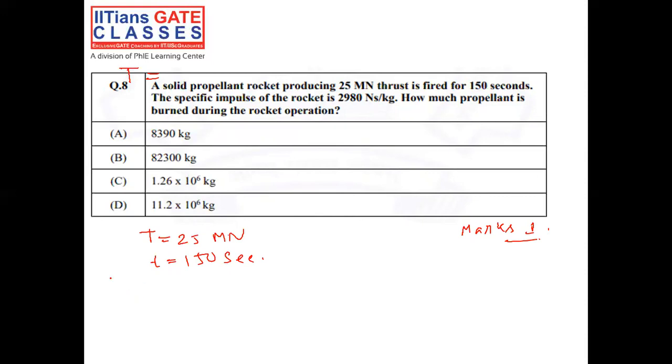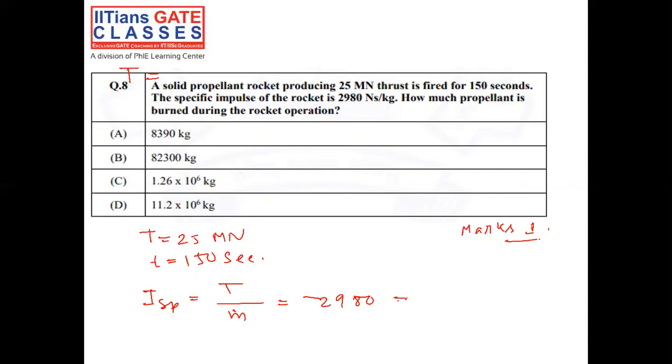So this specific impulse Isp equals thrust by m dot, which is given as 2980, and T is given as 25 meganewton.